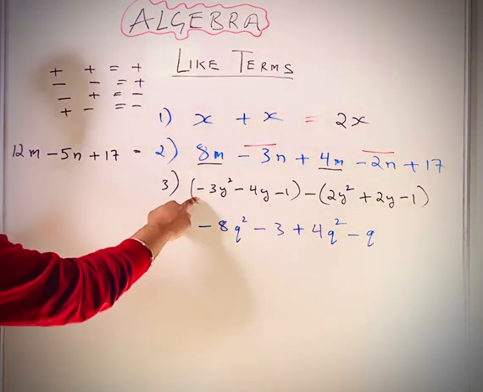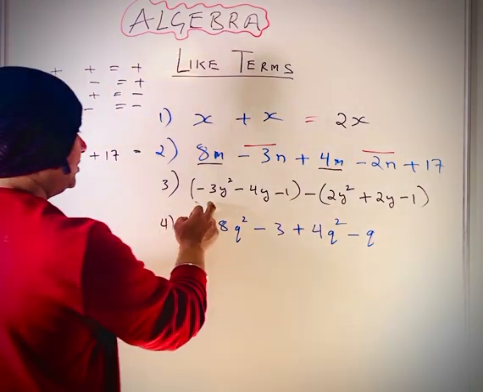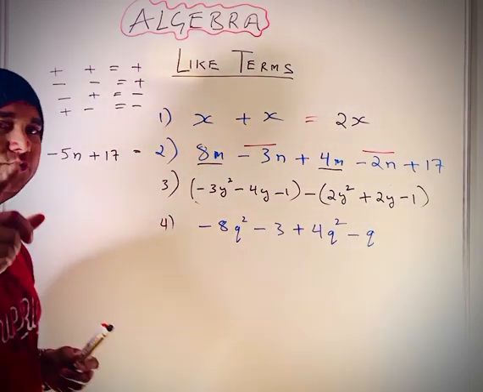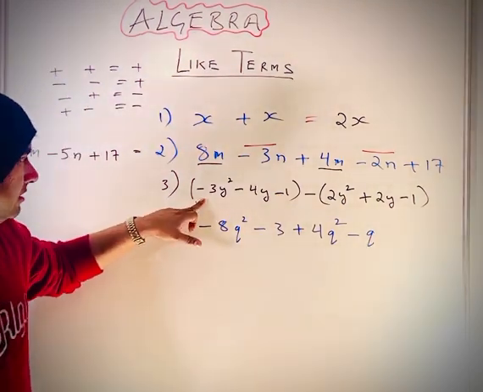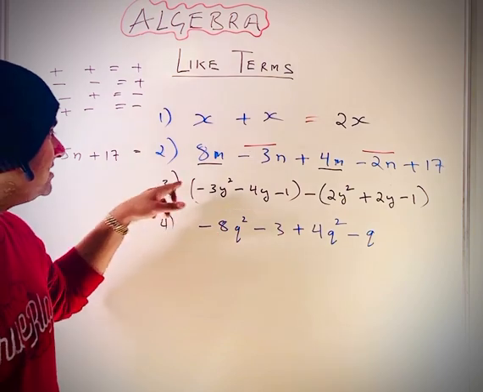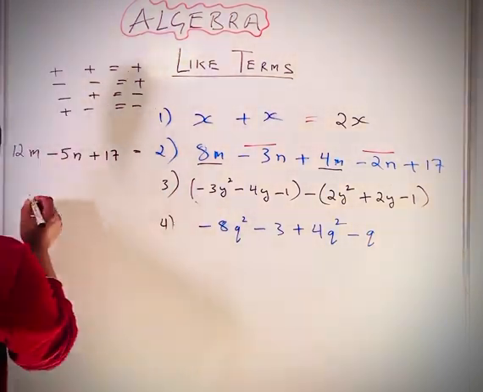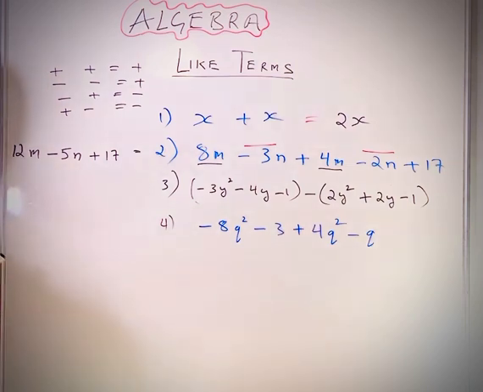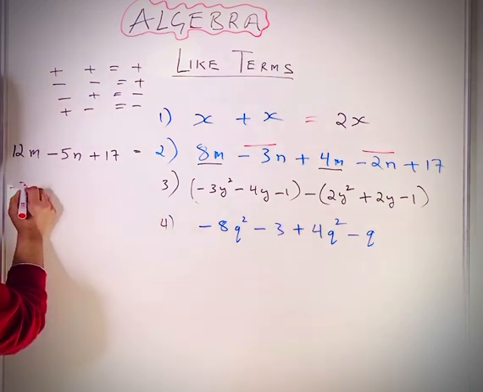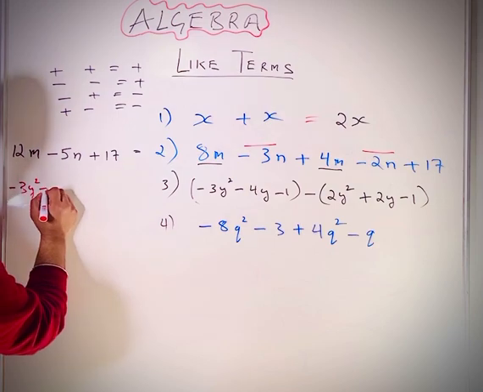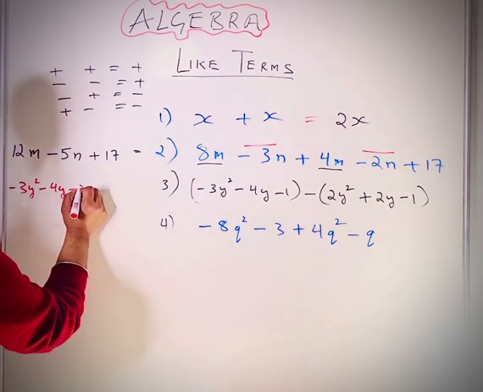Now this question, we have a bracket, we need to get rid of the bracket. Now see, don't get confused, this negative sign is inside the bracket, so it's not going to be changed. So this question will be minus 3y squared minus 4y minus 1, right?